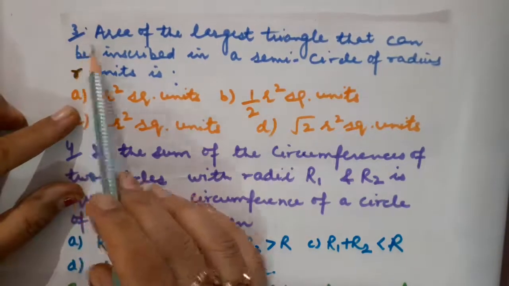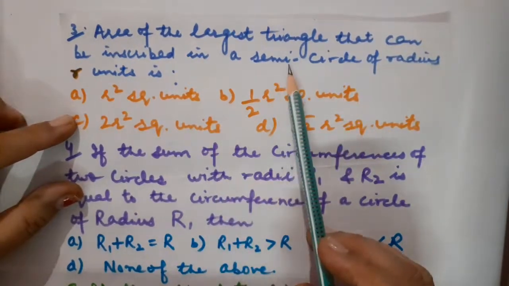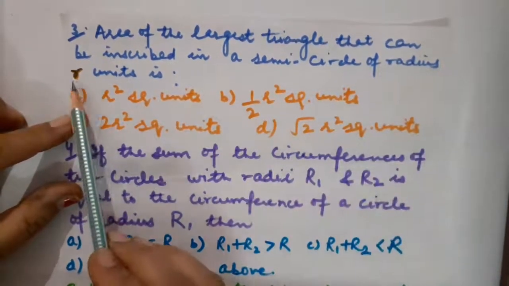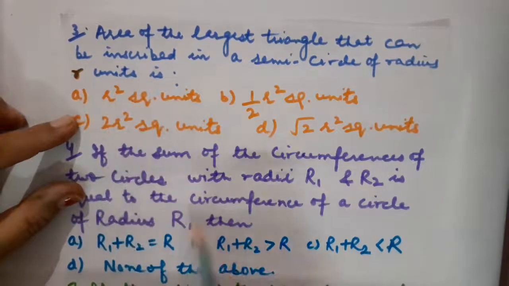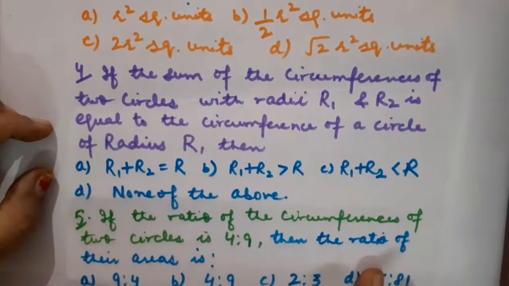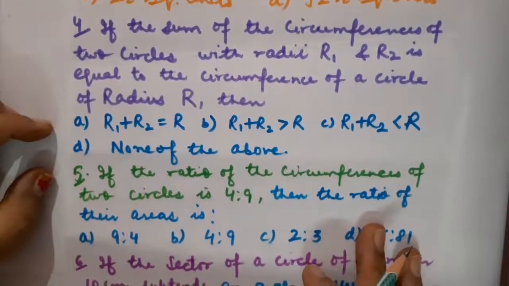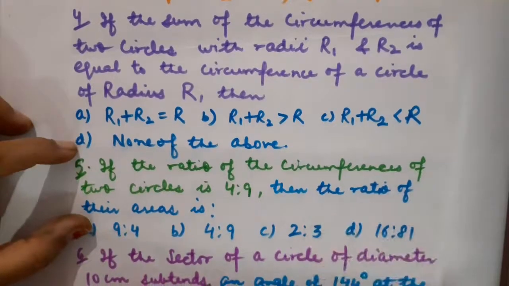This is question number 3, which is again an MCQ. Here children, you can see that in a semicircle of radius, this is R units. Okay. So please read the questions carefully. Attempt them neatly, beautifully, with each and every step written by you.